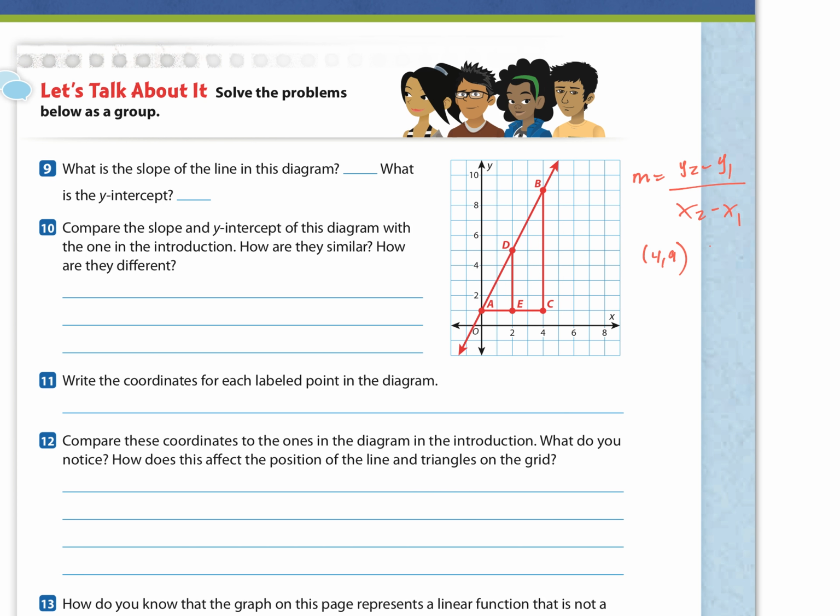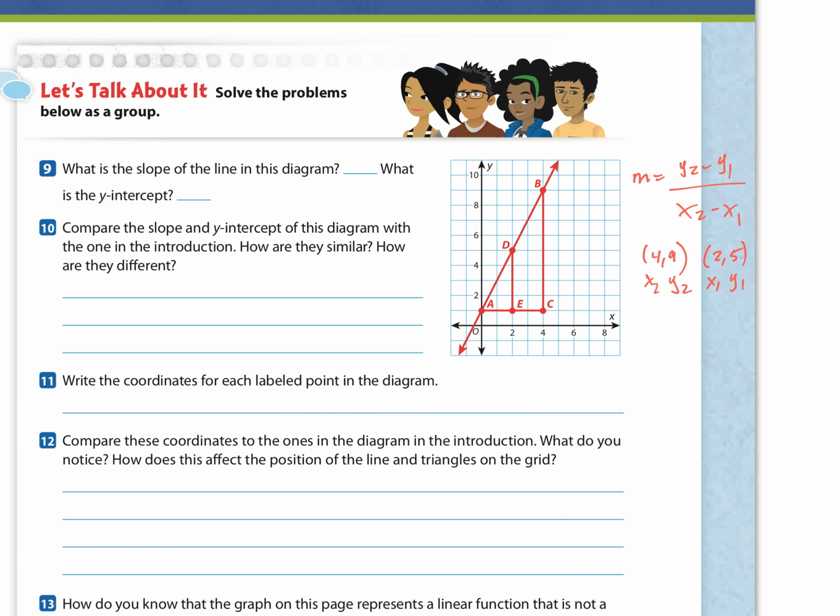Okay, so my next point is going to be 2 and 5. Remember, your x1 is always going to be the point that is closer to the left side. In this case, it is going to be 2, 5. So that's going to be x1, y1. And then we have x2, y2.